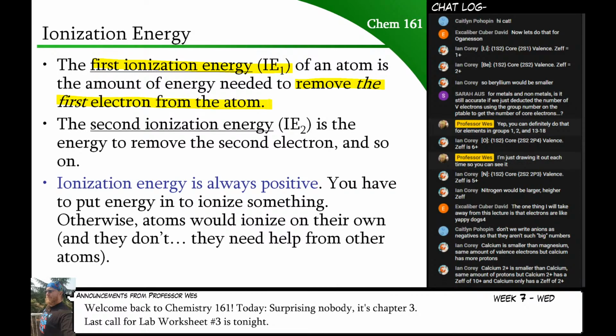Most atoms have more than one electron, so you can take the second one and it will have a second ionization energy. And you can do this forever and ever until there are no more electrons.